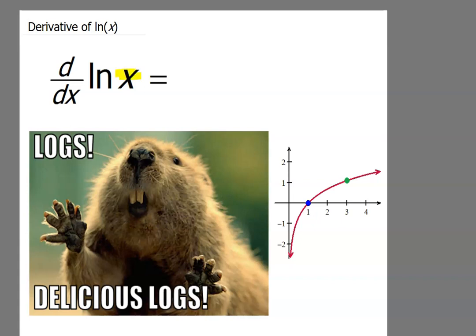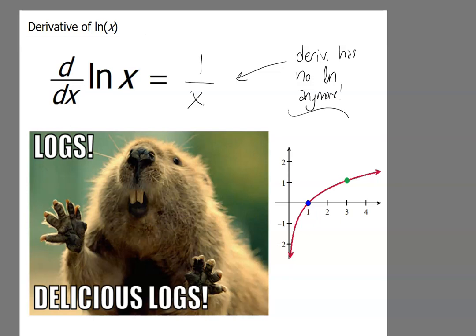Anyways, the derivative of natural log of x. We'll look at chain rule stuff to say maybe it's natural log of something fancier, but right now just the basic natural log of boring old x is 1 over x. Notice over here that the derivative has no natural log in it anymore, right?